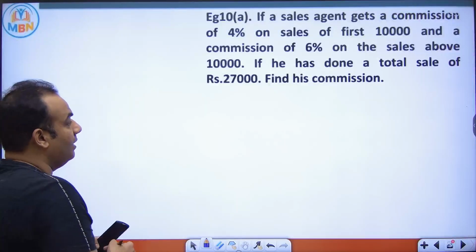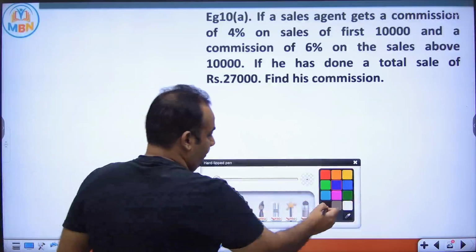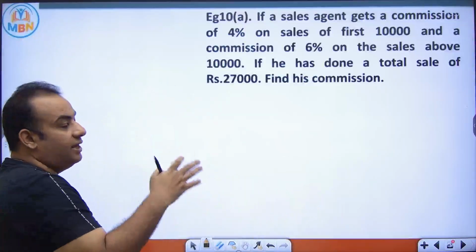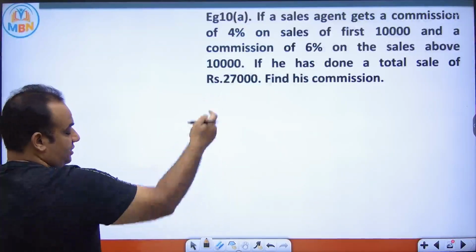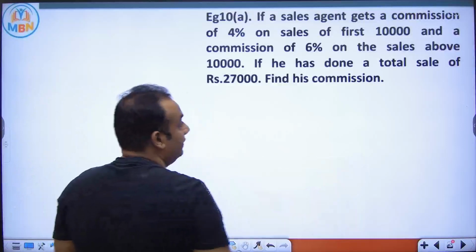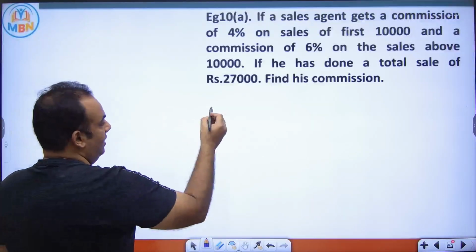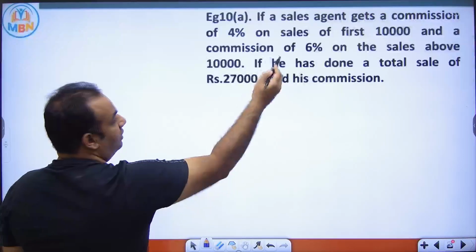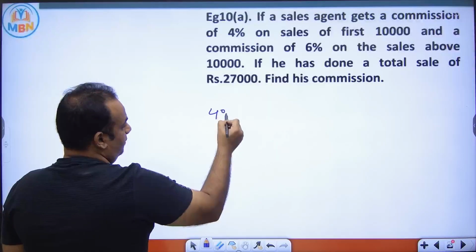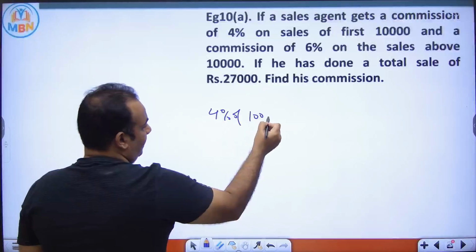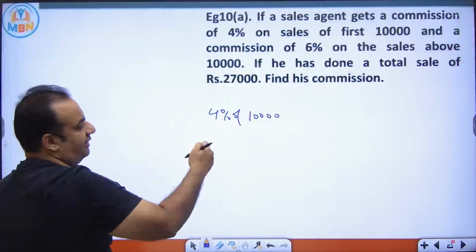Now see, a person is doing a sale and the sale is of 27,000. We have to find the commission. On the first 10,000, the commission is 4%. So the salesman is getting 4% of 10,000.